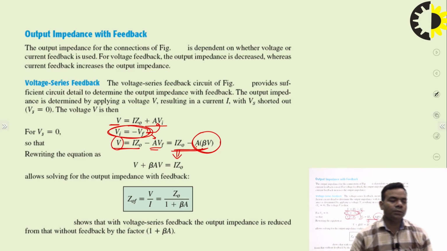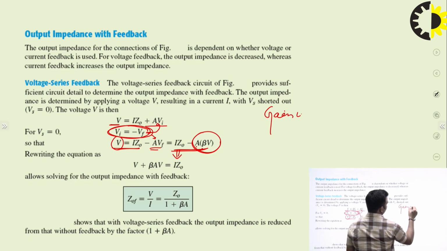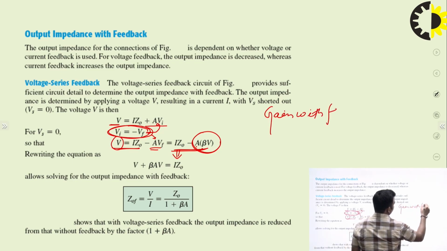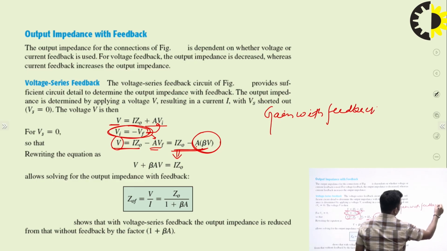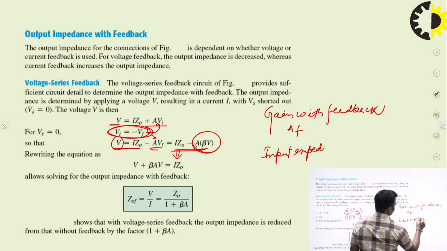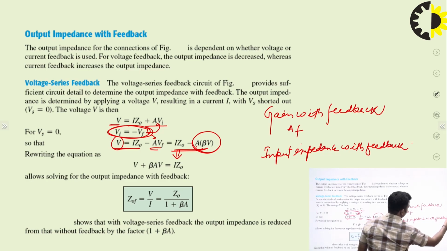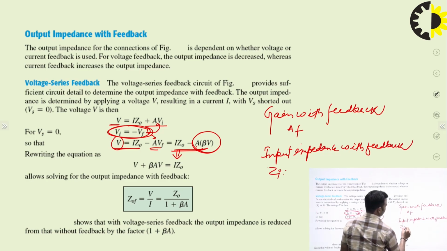Now a few things can be remembered here. One is the gain with feedback, that is AF. Another is the input impedance with feedback, represented as ZIF.